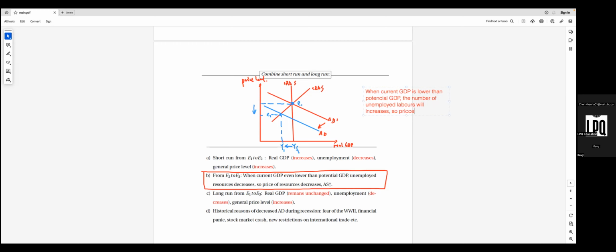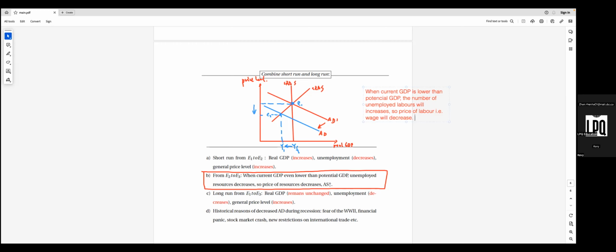So the price of labor, the price of wage, will decrease. Okay, so that means the production cost has been lowered.